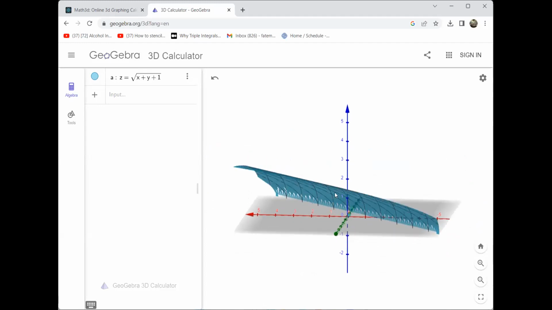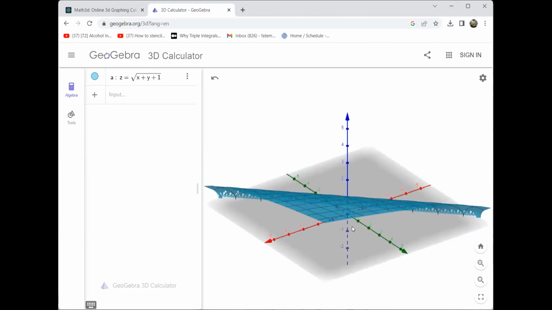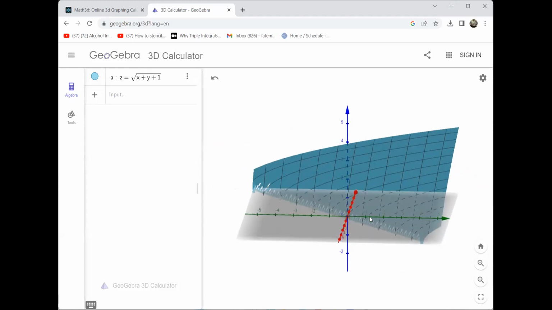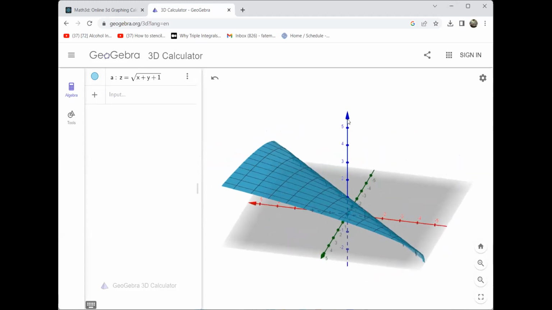The reflection of this surface in the xy plane is the domain of the function. For the range, as you can see, z starts from 0 and goes to positive infinity. So for the range, you only look at the z-axis, right?